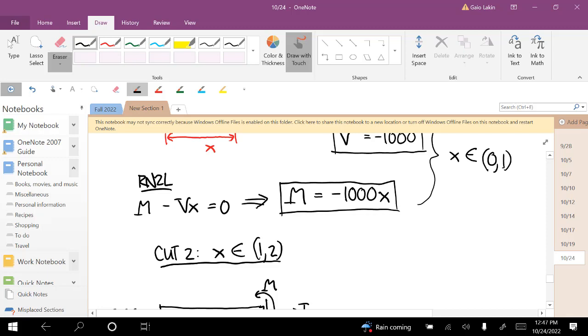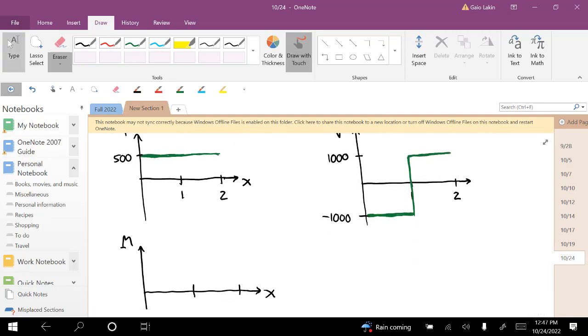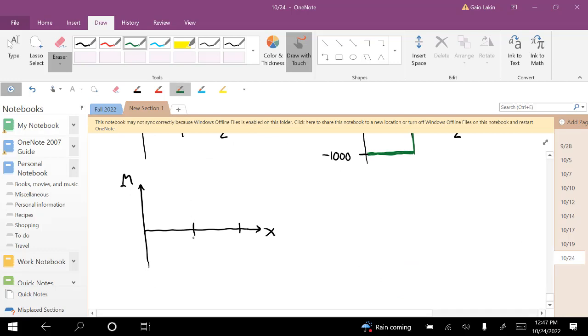It's going to go down to negative 1,000 and then back up to 0. So this will look like this. Remember, that's in Newton meters.